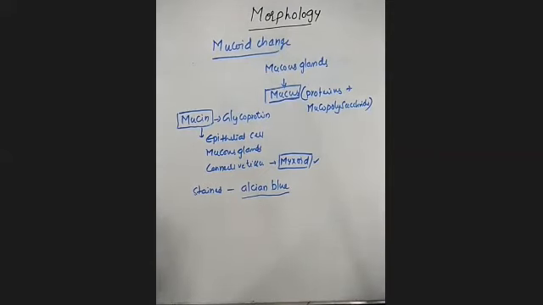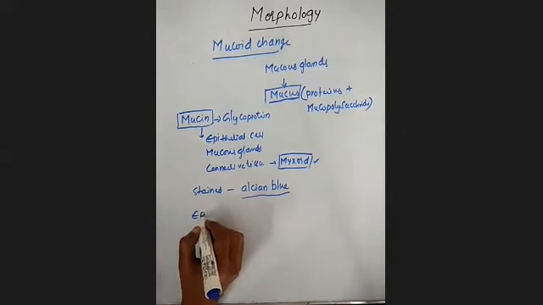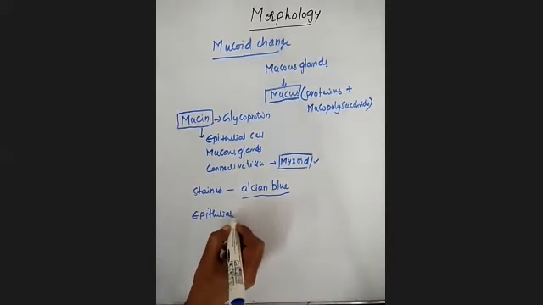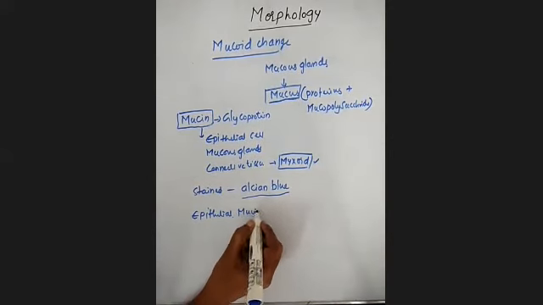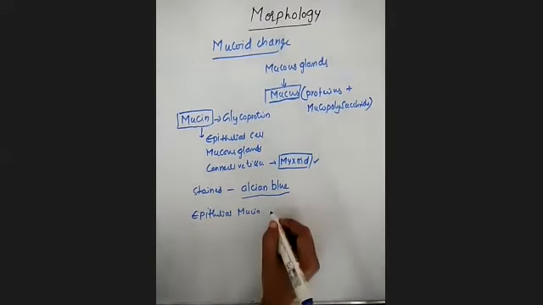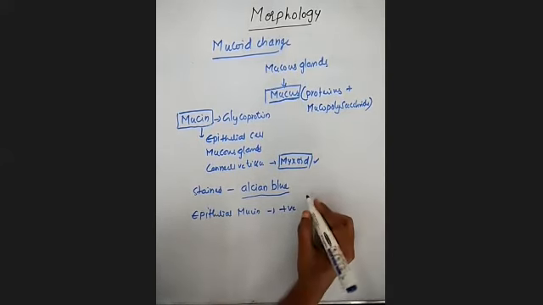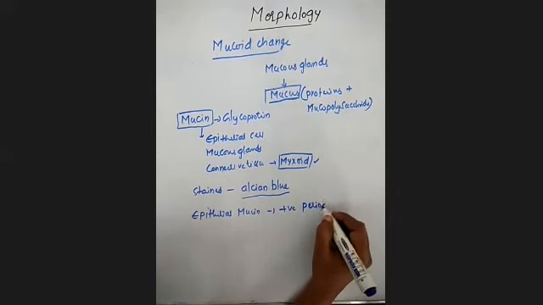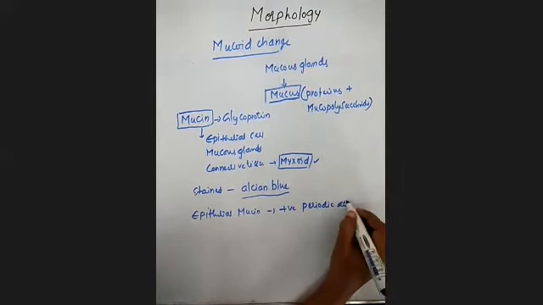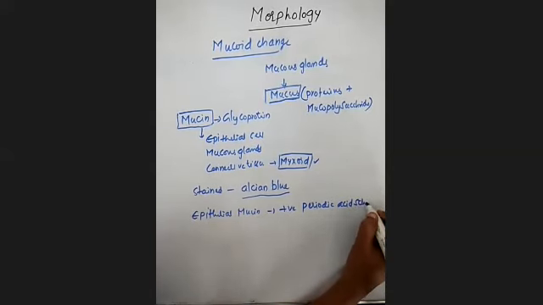If you see the epithelial mucin, only mucin I am discussing, that is epithelial mucin, this is stained positive with periodic acid Schiff. This is also a dye, which you will call periodic acid Schiff, that means PAS.